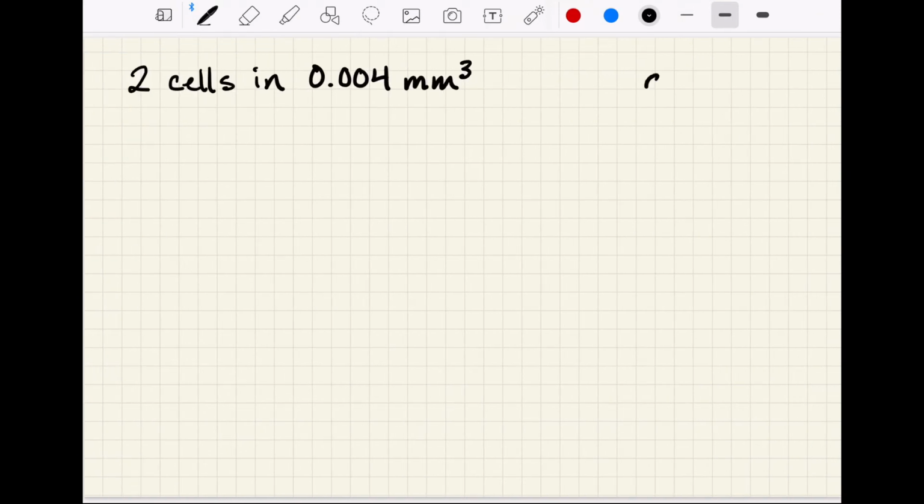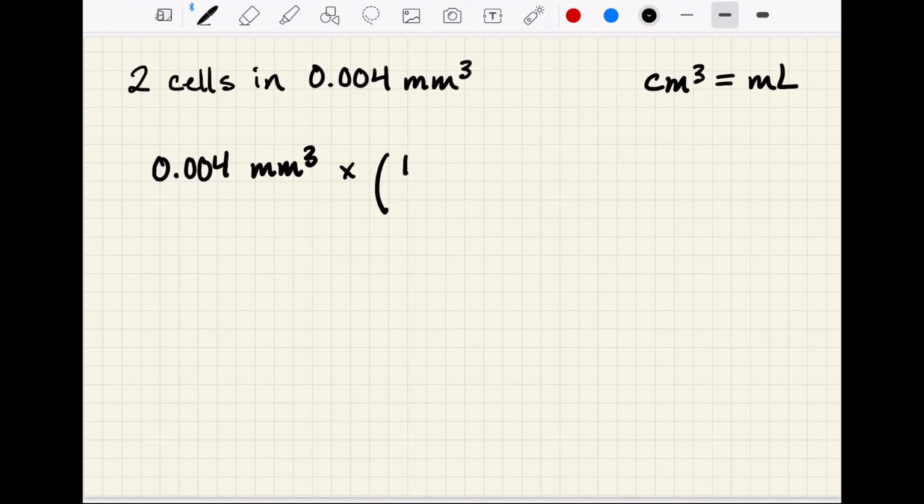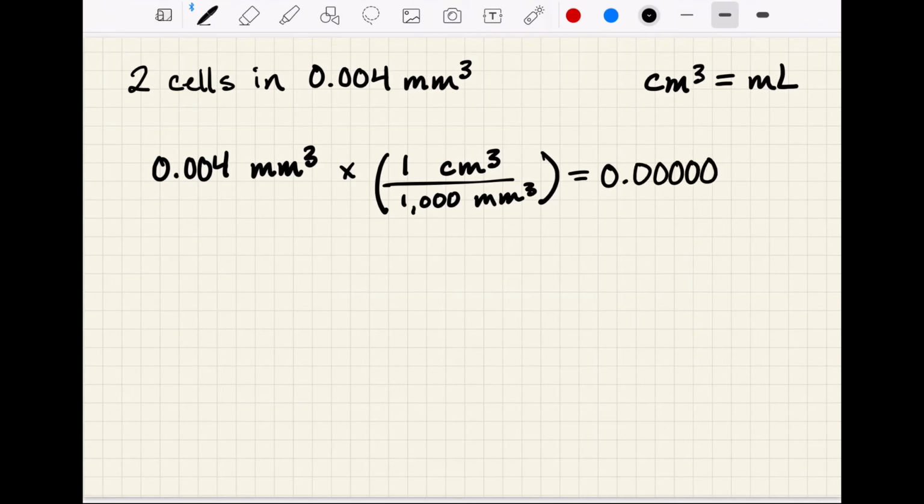So in order to get to cubic centimeters, also known as milliliters, we have to do some more math. 0.004 cubic millimeters times 1 cubic centimeter over 1,000 cubic millimeters equals 0.000004 cubic centimeters, or 4 times 10 to the minus 6.